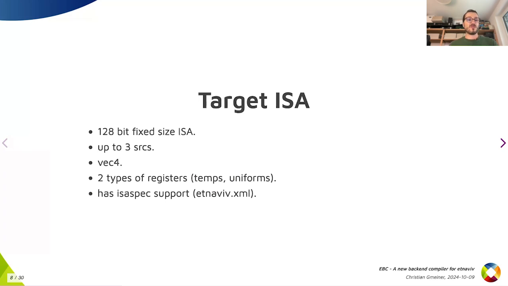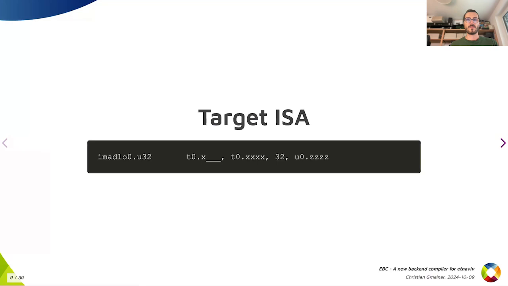As I told you, all of this is defined in the etnaviv.xml file using ISA-spec. Let's have a look at a sample instruction from the target instruction set architecture. This instruction was randomly chosen, but it shows a lot of the features I talked about.